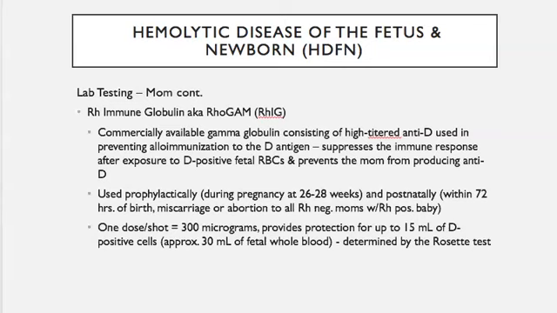If the baby is positive, mom's going to get an additional dose of RhoGAM. If the baby is Rh negative, then no additional dose is needed. One dose, or one shot, is 300 micrograms of RhoGAM. It provides protection for up to 15 mLs of D positive cells, and again, that's determined by the rosette test.